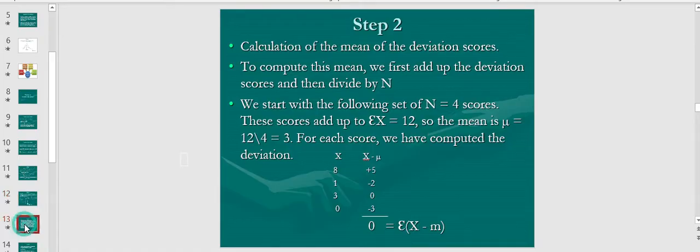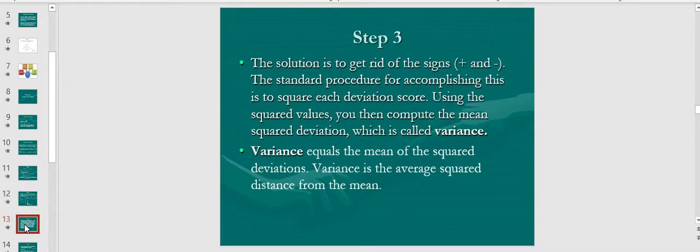For finding the standard distance from the mean, step 3 is the solution to get rid of the sign, which is plus or minus. The standard procedure for accomplishing this is to square each deviation score.